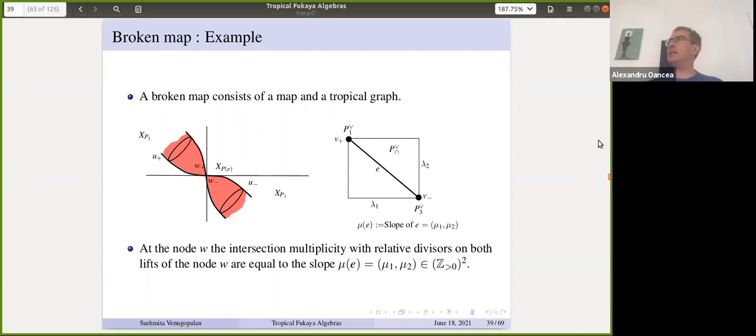I mean, in a sense it's combinatorial, but it's related to the integral lattice, because each slope gives you the intersection data with all the divisors. Right, at the nodal point. So each edge represents a nodal point, and each nodal point has intersection multiplicity data, and that's represented by the slope of the edge in the tropical graph.